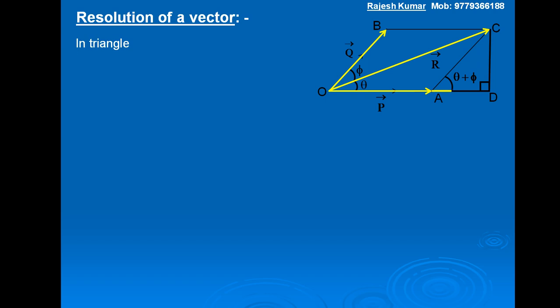Now in triangle ADC, AD, which is base, upon AC, which is hypotenuse, is also equal to cos of angle theta plus phi. This implies AD is equal to AC into cos theta plus phi.